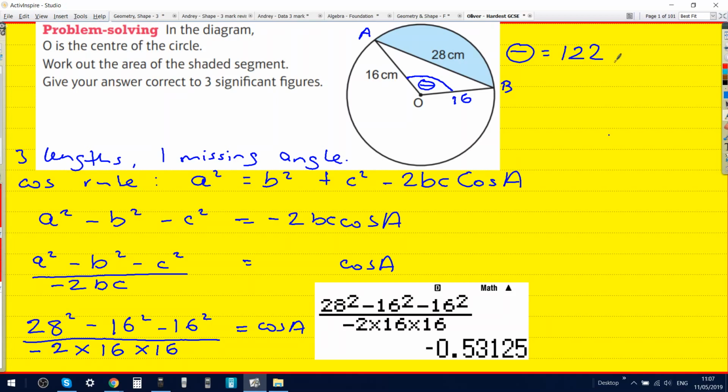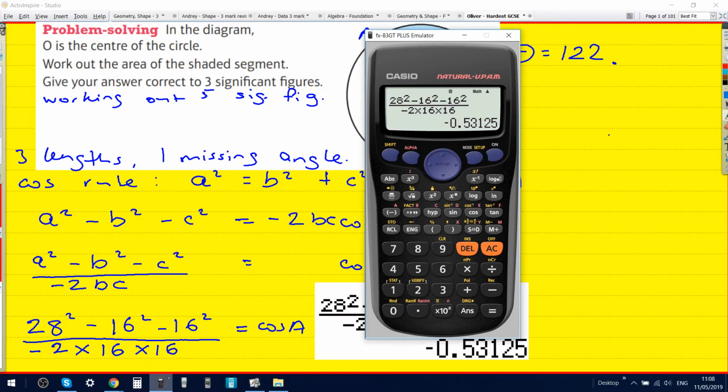And so then we do that. Do the working out to 5 sig fig. It's 5 sig fig. Okay, so 122 degrees. So 122.1, 0.9.